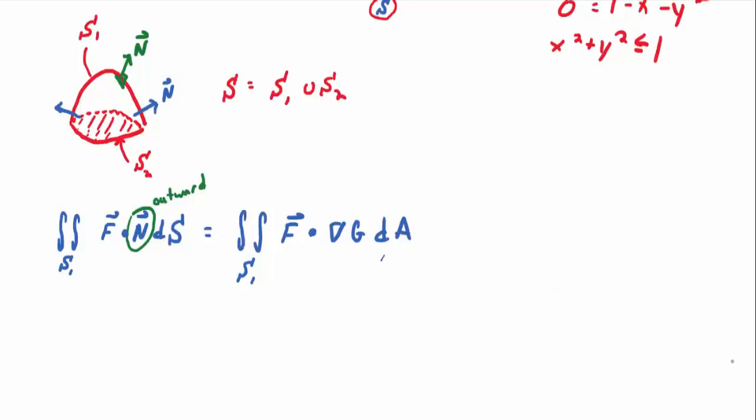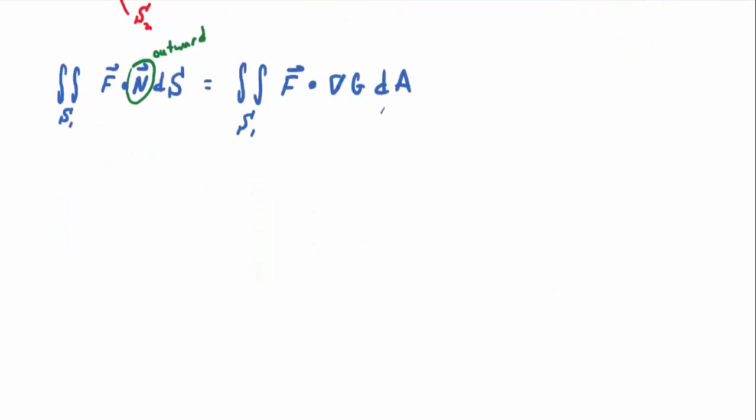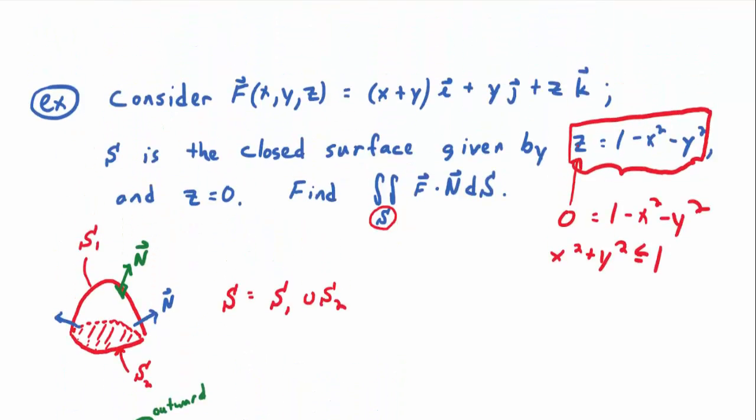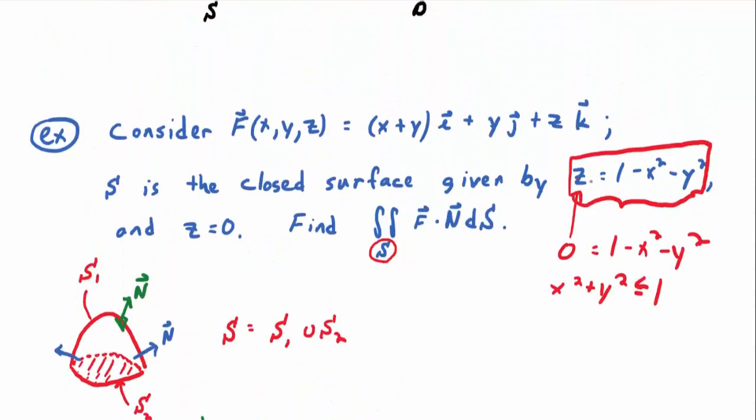All right. So we need to figure out what del g is. In order to do that, we have to figure out what g of x, y, z is. Okay, go back up here. For the paraboloid, this is lowercase g. How do we come up with uppercase G? Uppercase G is what you get when you set this equation equal to 0, and leave the thing with z in it positive.